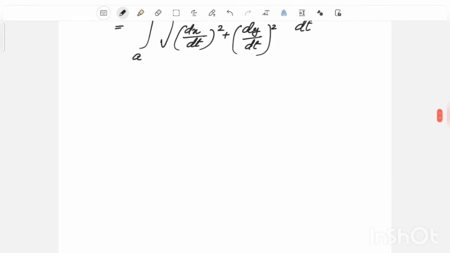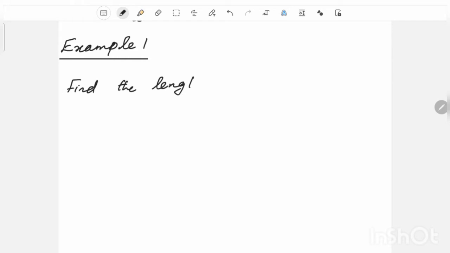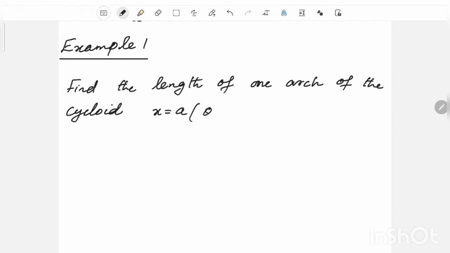Now we can have two examples. Example 1. Find the length of one arch of the cycloid x is equal to a (theta minus sin theta), y is equal to a (1 minus cos theta).